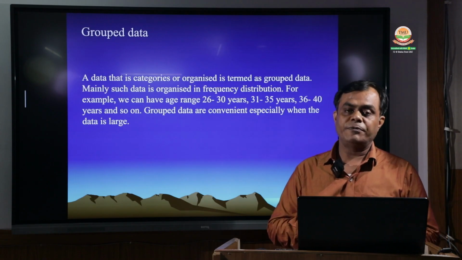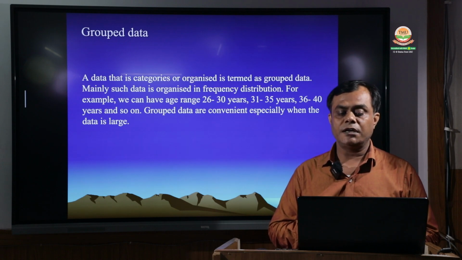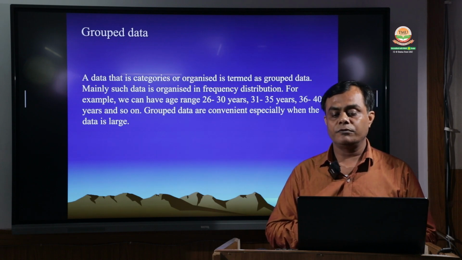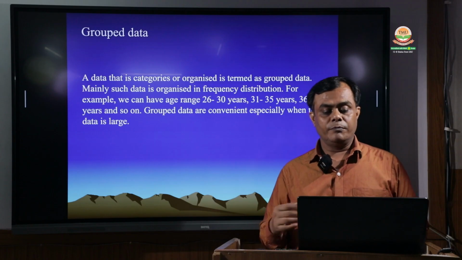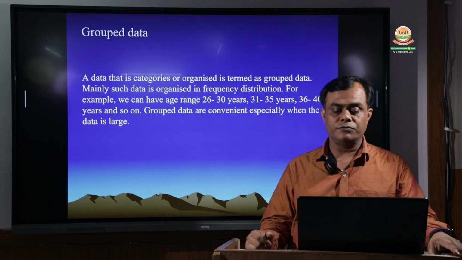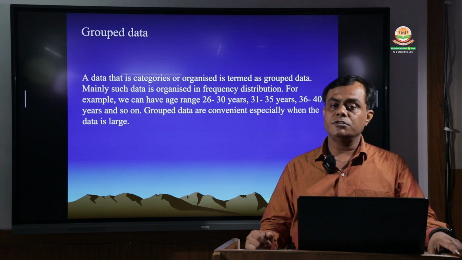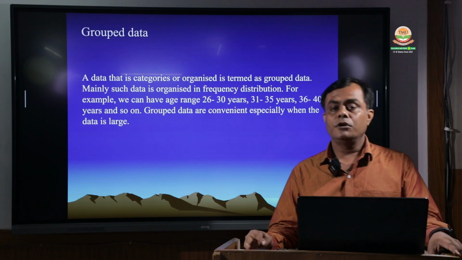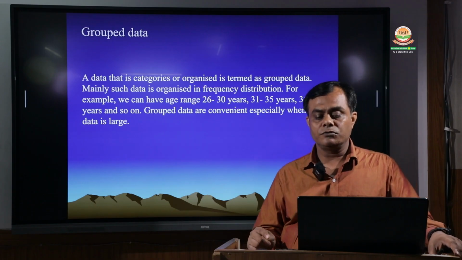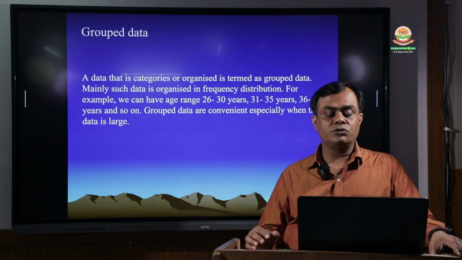Another type of data is grouped data. Grouped data is categorized or organized into groups, mainly in a frequency distribution. For example, we can have an age range of 25 to 30 years, 31 to 35 years, 35 to 40 years, and so on.